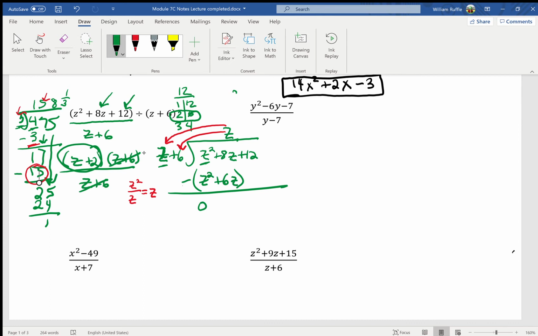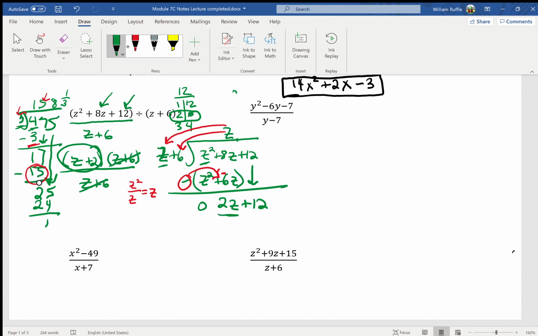So remember, we're really transferring this minus sign to here, so it's really a negative 6z. 8z plus negative 6z is really 2z. Then just like the other ones, when I was bringing down the number, I bring down the next number, plus 12. And I know this is very weird, but practice and you'll be getting better at it.